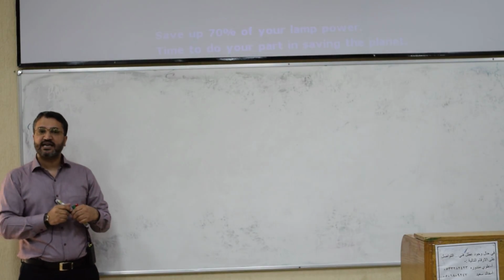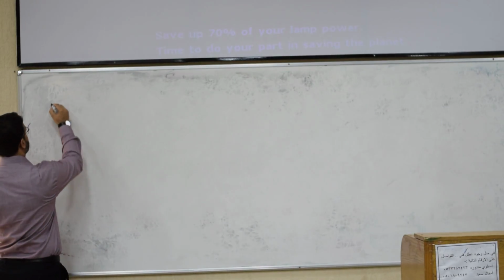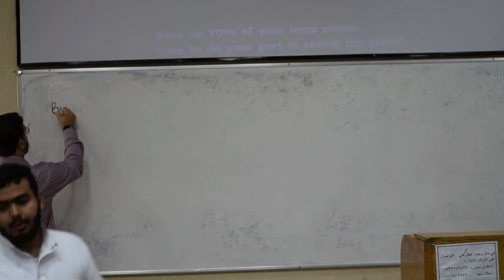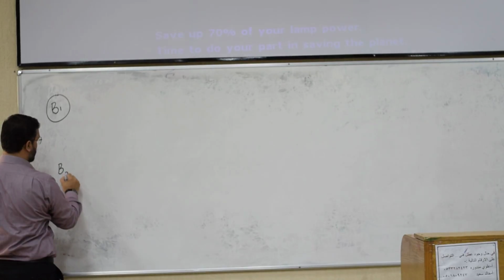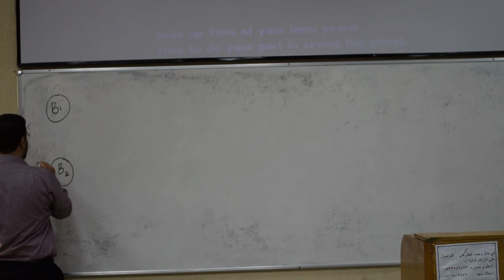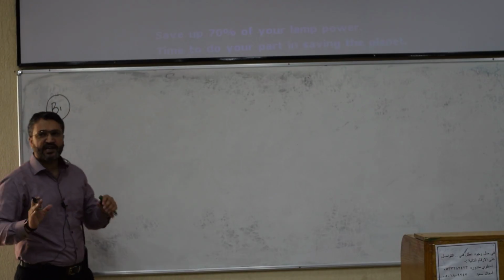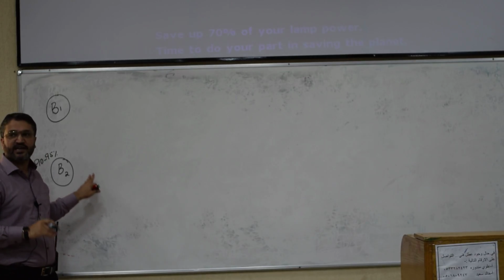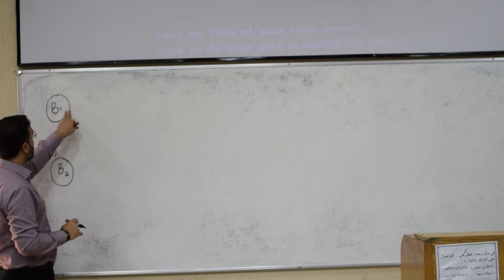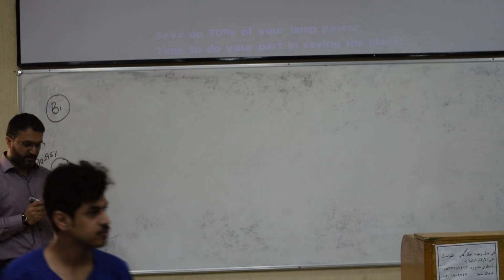One is called B1 cell, and another group is called B2. B2 is about 90 to 95%, while B1 cells are very limited. This is the conventional or the main classical B cell. Now B1 cell, what is it about?